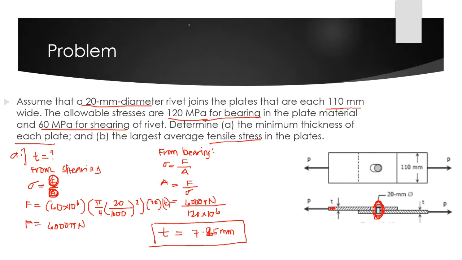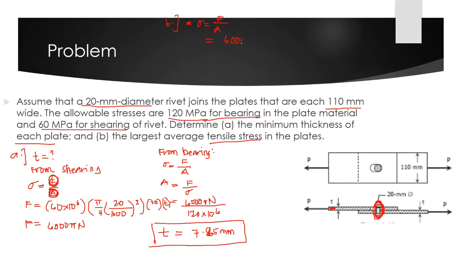Next is letter B. We have to find the largest average tensile stress in the plates. So in order for us to get that, stress is equivalent to force over area, and we are looking for the tensile stress. So we'll be using the values that we have.